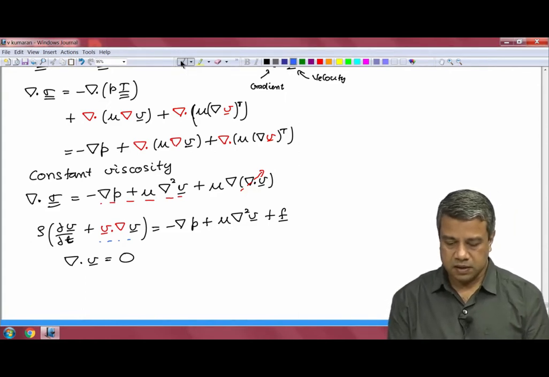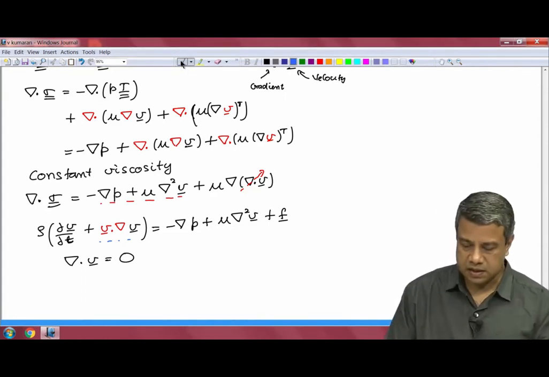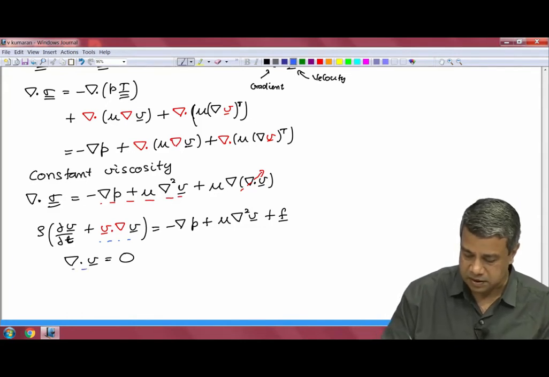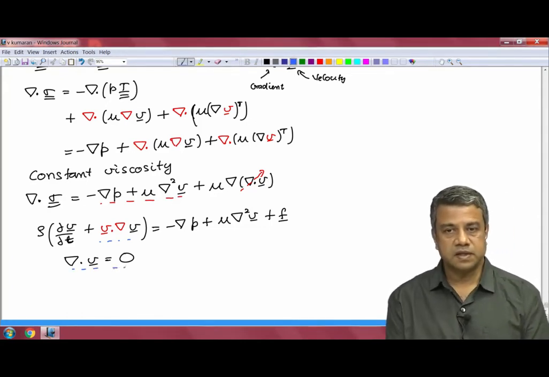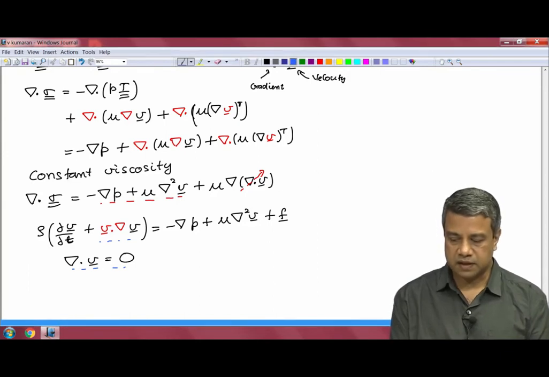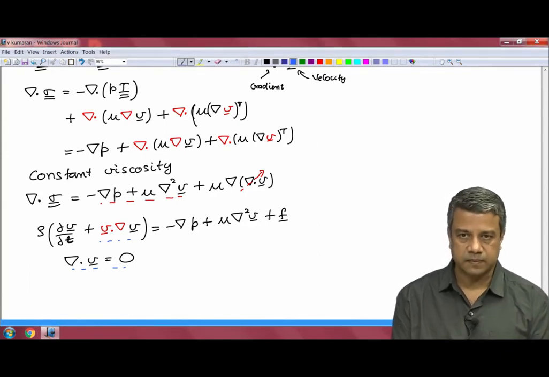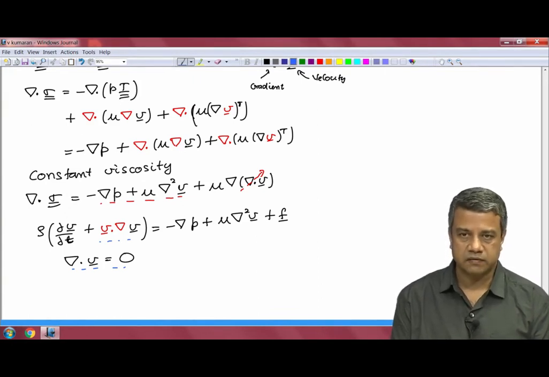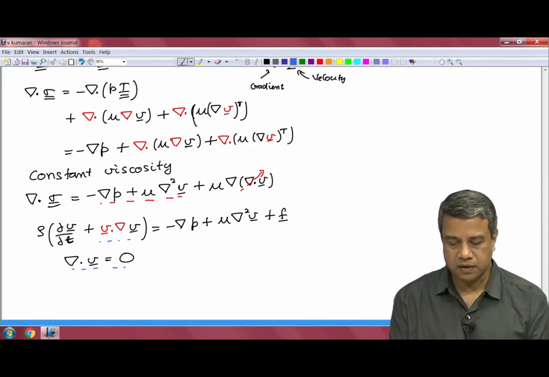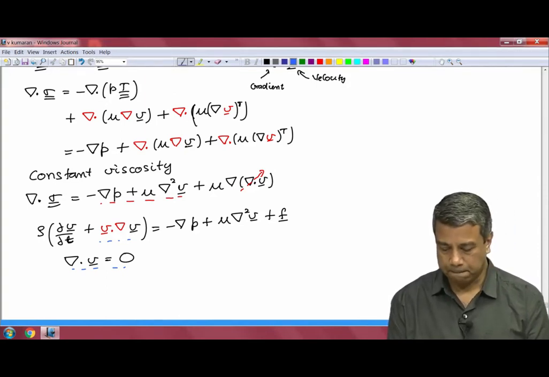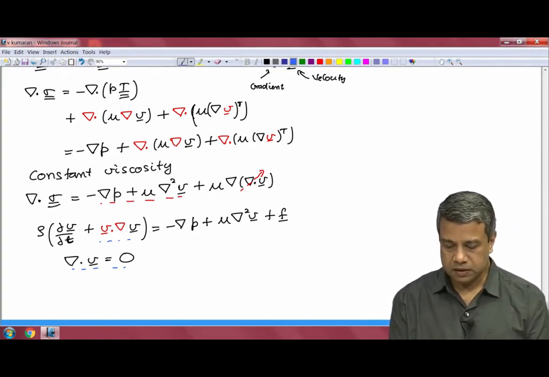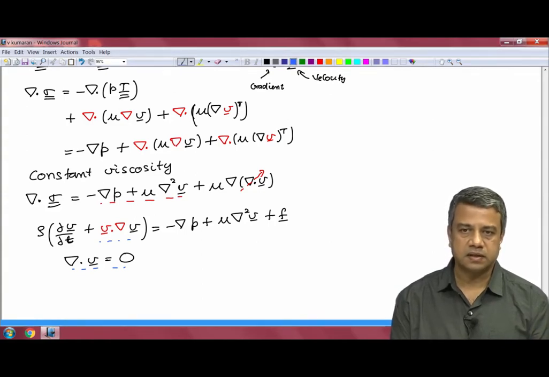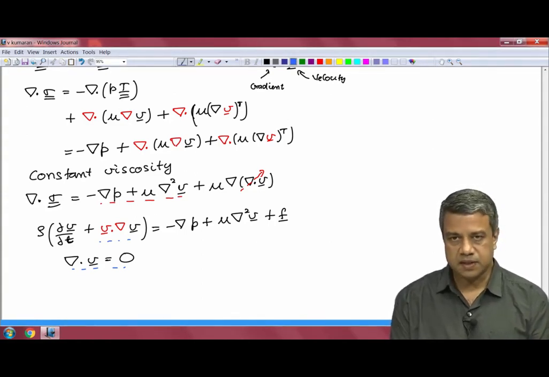Note that the mass conservation equation is a scalar. The momentum conservation equation is a vector equation for the vector velocity V. It has 3 different components for Vx, Vy and Vz. So, there is one vector equation, which is 3 scalar equations, plus 1 scalar equation for mass conservation, divergence of velocity is equal to 0.